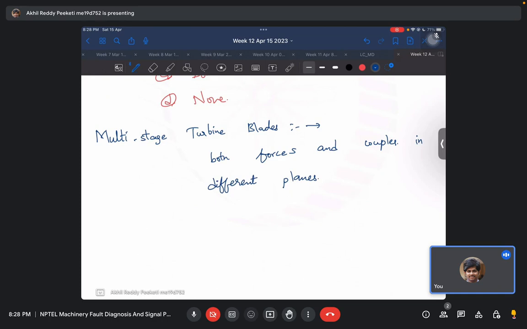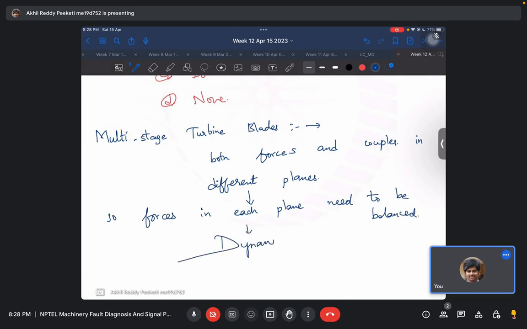So you need to balance forces in each plane. So that is called the dynamic balancing. If the entire system is in a single plane, then it is the static balancing.